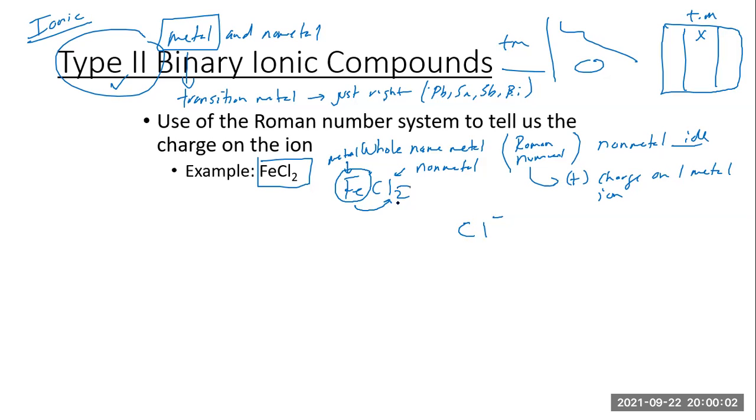And there's not just one Cl, there's actually 2, which gives us a grand total of -2. There's actually only one iron present here. So to balance out the -2 charge that's being supplied by the two Cls, this iron will have to have a +2 charge.